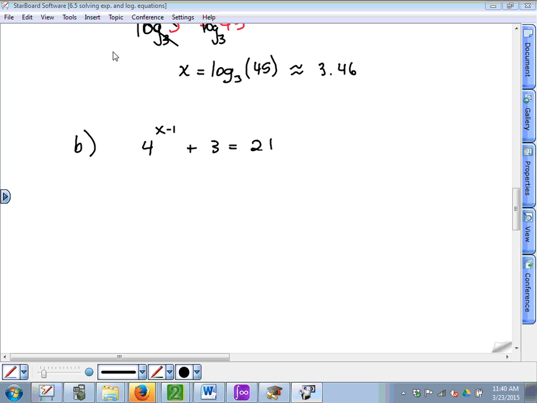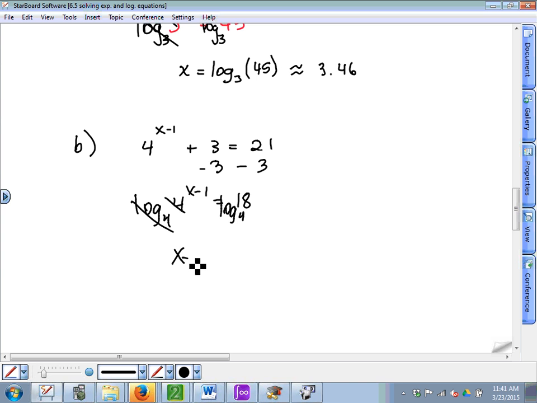What was the answer? 3.08. Okay, that is the right answer. Nice. Subtract 3. Log base 4 on both sides. That cancels that.